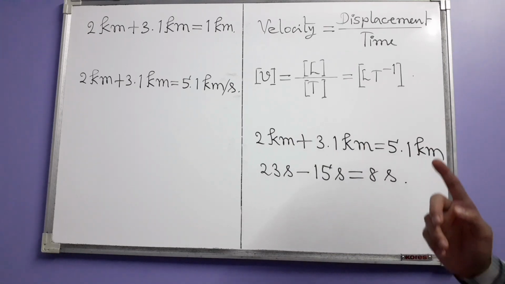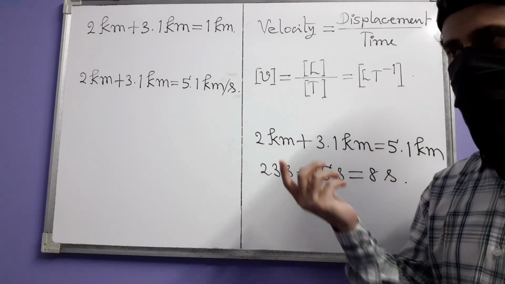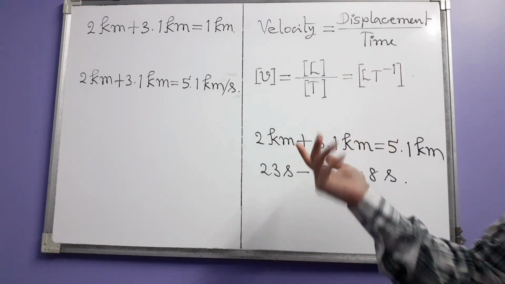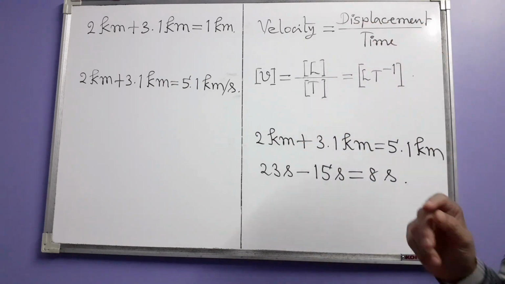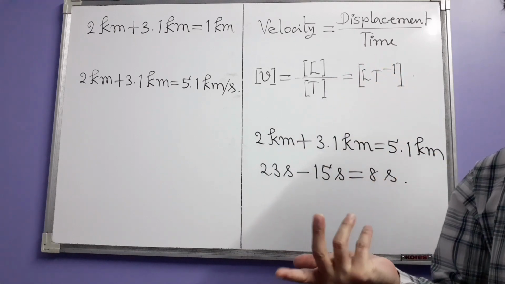However, when multiplication and division are involved, then obviously you can involve quantities having different dimensions. For example, we have already seen this. Displacement has the dimension of length. Time, of course, has the dimension of time.